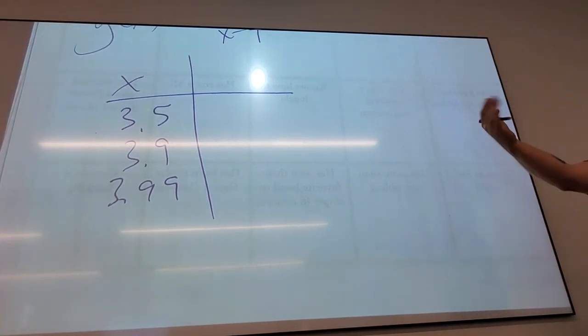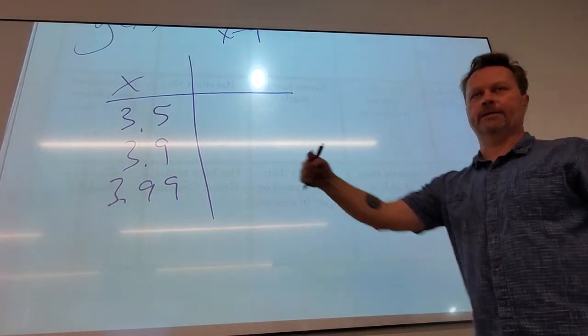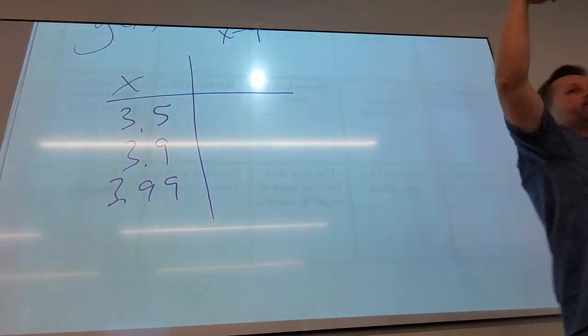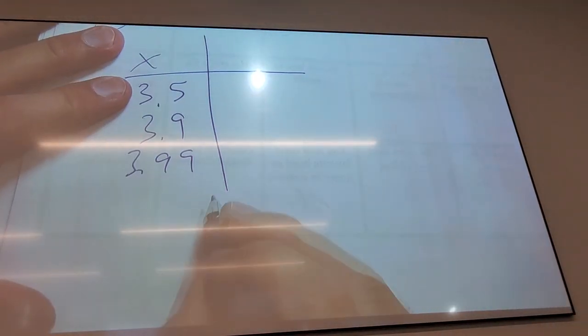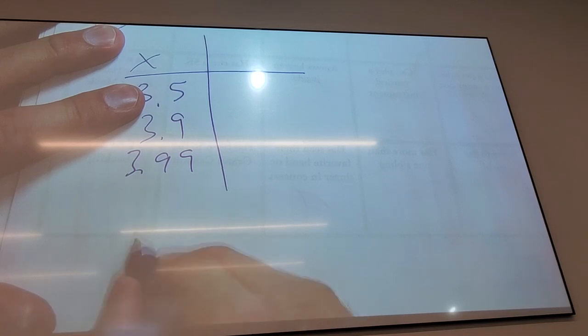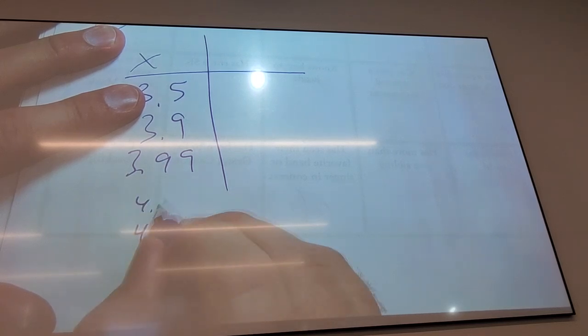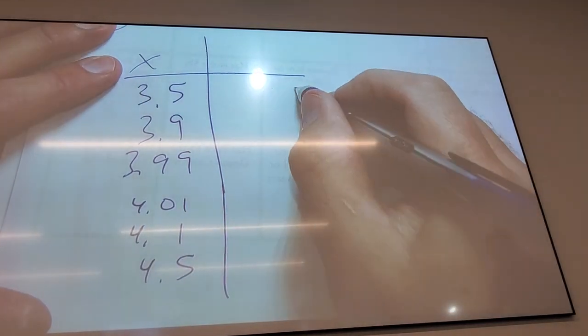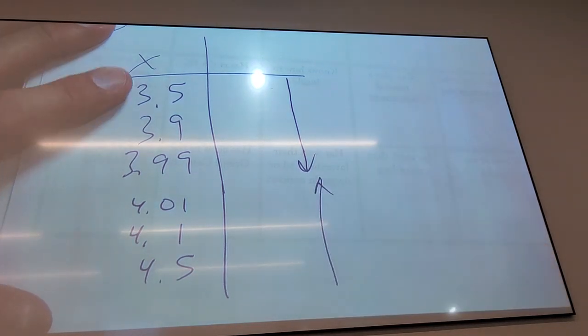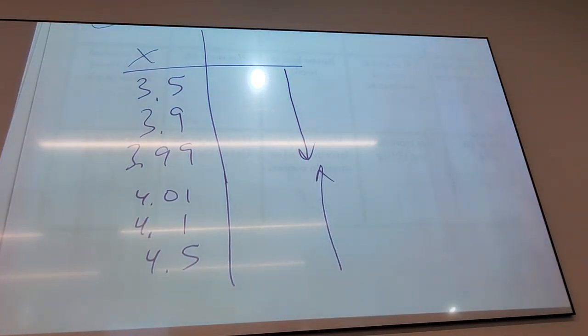I'm like, hey, come over here. So I'm coming from this side and he's coming from that side. So what's on the other side of 4? 4.01. I can do 4.5, 4.1, 4.01. So this is me and this is my buddy, and we're approaching this little blob.